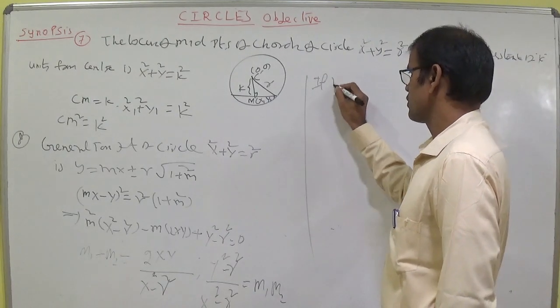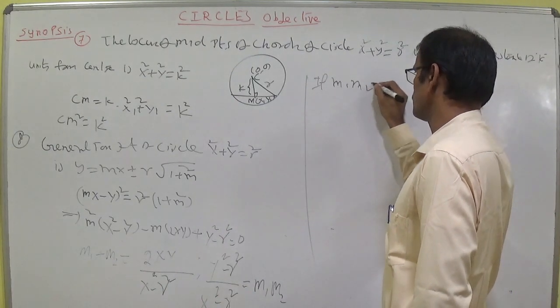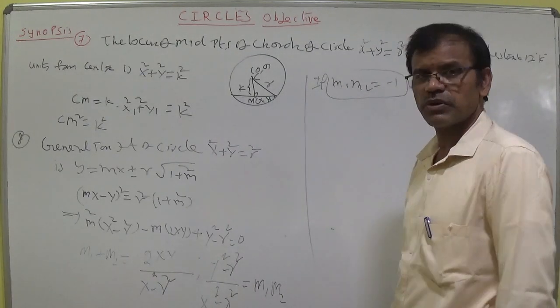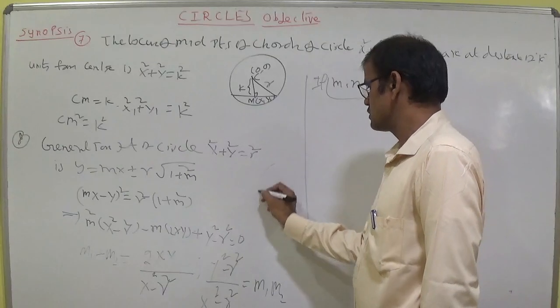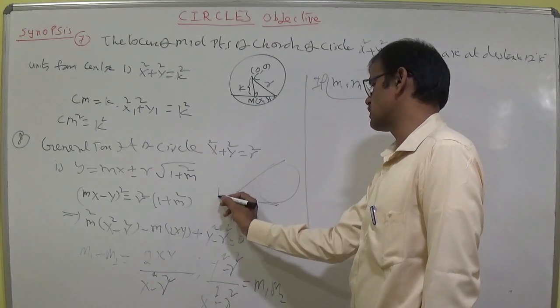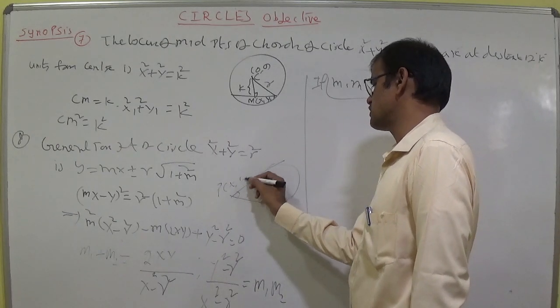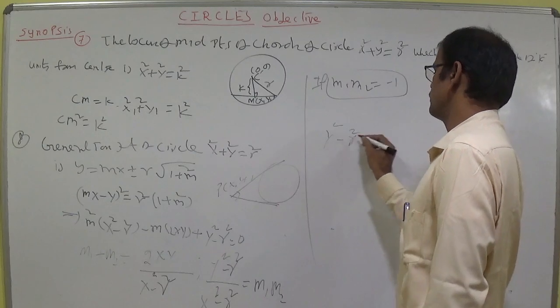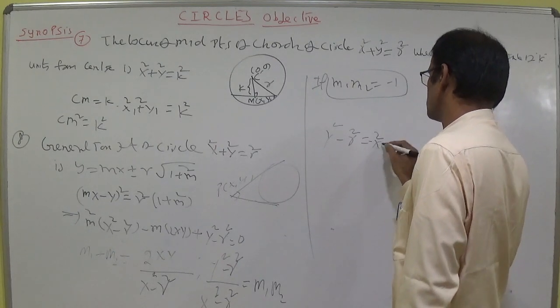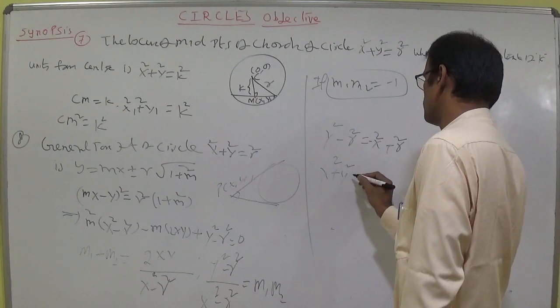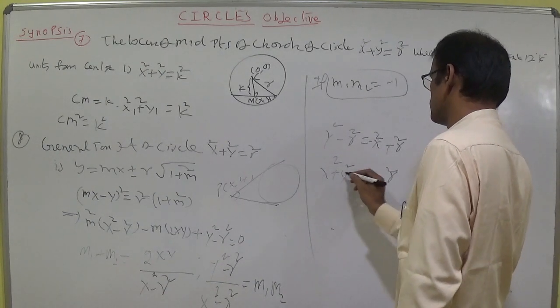If m1 m2 is equal to minus 1, that means the tangents are perpendicular. If two tangents are drawn from P(x1, y1) and the tangents are perpendicular, then m1 m2 is equal to minus 1, then y square minus r square is equal to minus x square plus r square. So it can be written as x square plus y square is equal to 2r square.